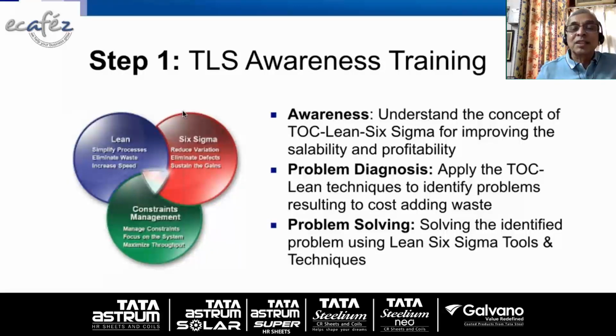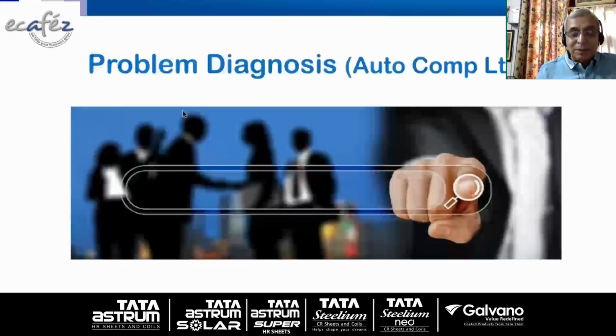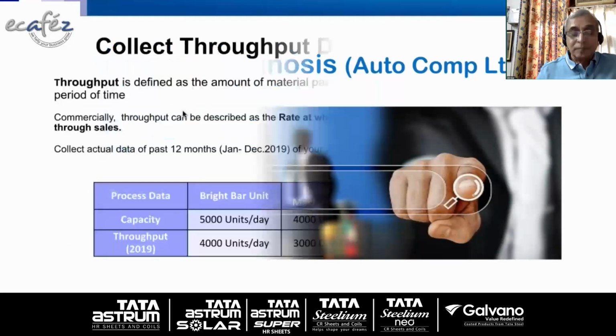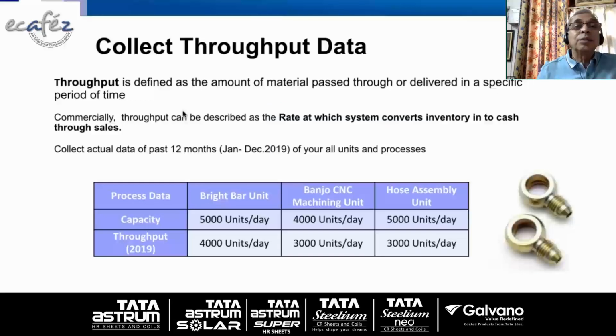What are the bottlenecks which are enhancing costs? Then third step is problem solving. So the whole team of your shop floor or the process must be made aware by making them understand the TOC Lean Six Sigma approach of problem solving. Then second step is how to diagnose it.